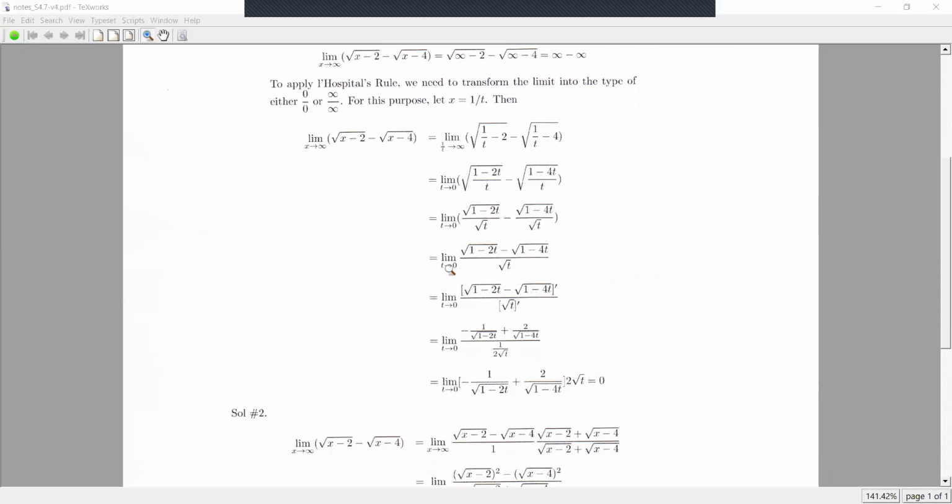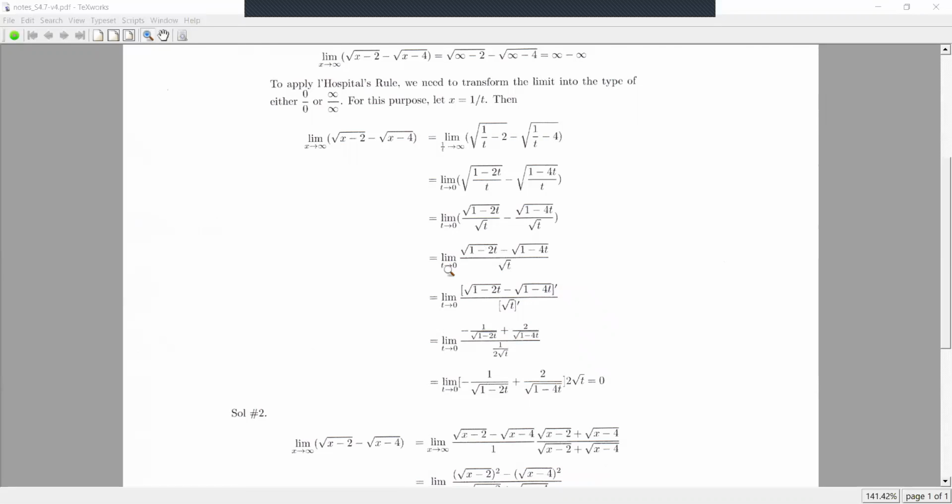Now, if you plug in 0 for t, then you will see that this limit is 0 over 0. This is an indeterminate limit of type 0 over 0. Now, I can apply L'Hopital's rule to this limit.